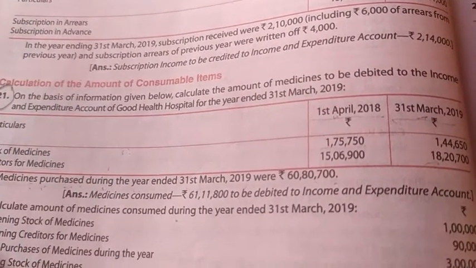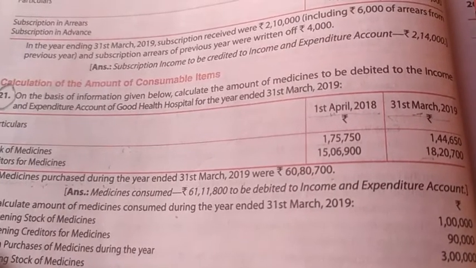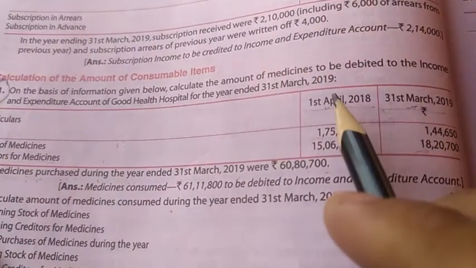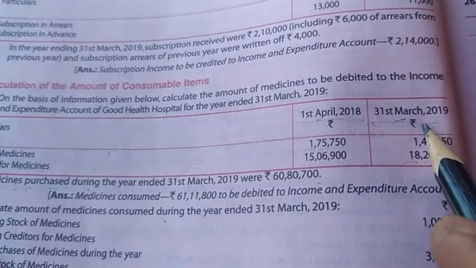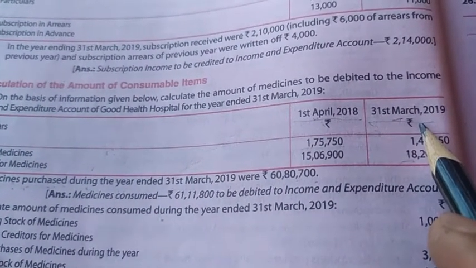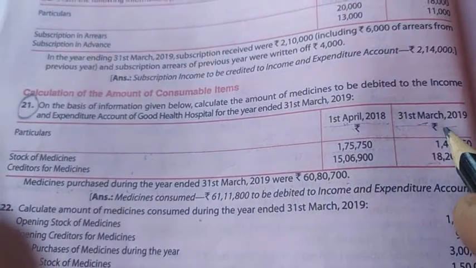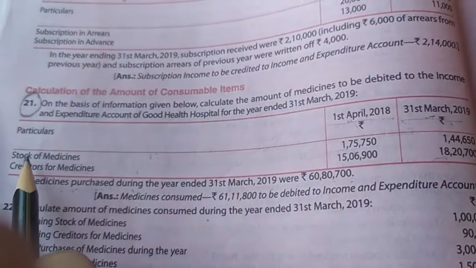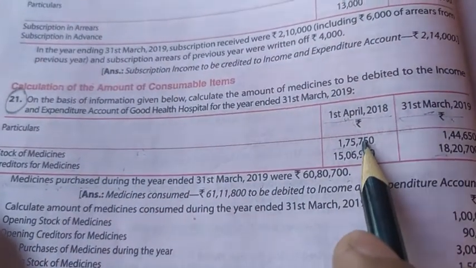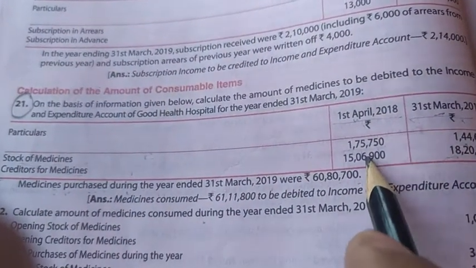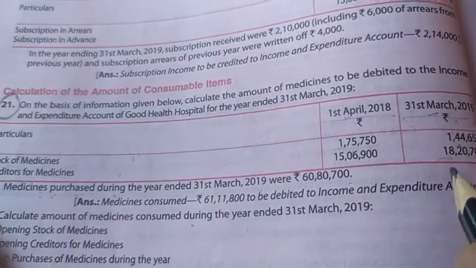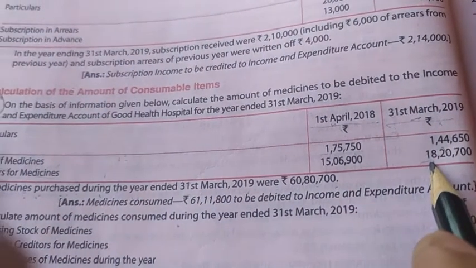The accounting year is 2018-19, where the opening date is 1st of April 2018 and the closing date is 31st March 2019. Given stock of medicines, opening stock, closing stock. Creditors for medicine, that is creditors in the beginning of the year and creditors at the end of the accounting year.